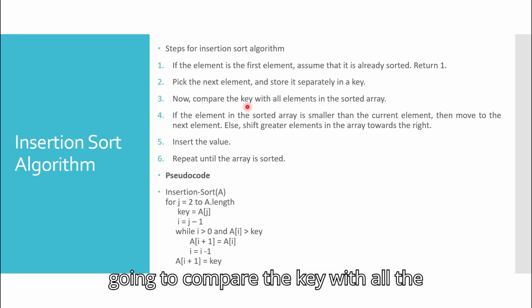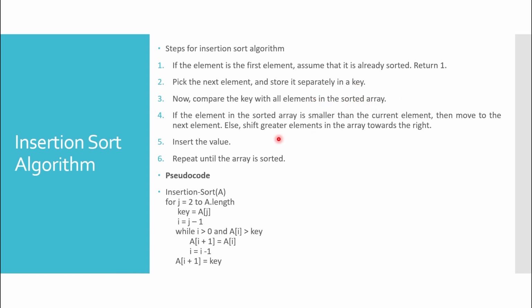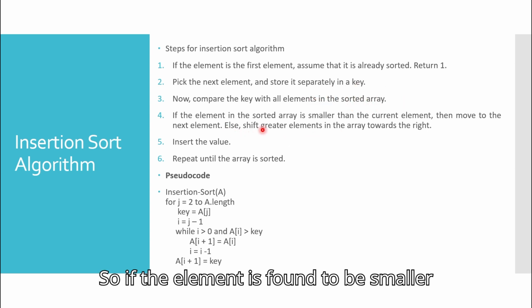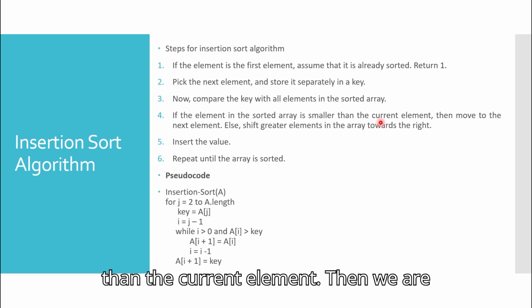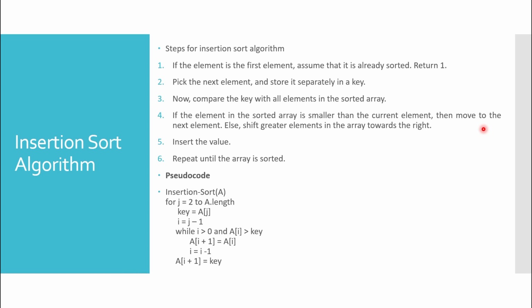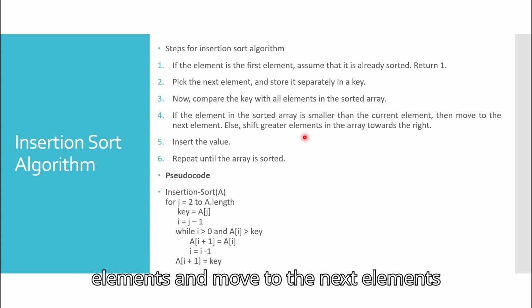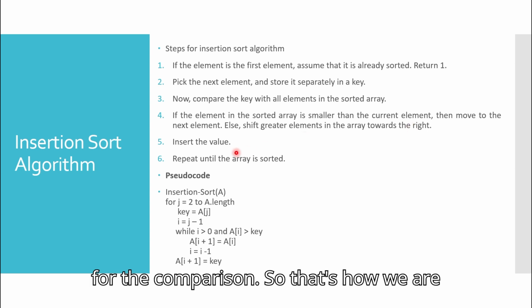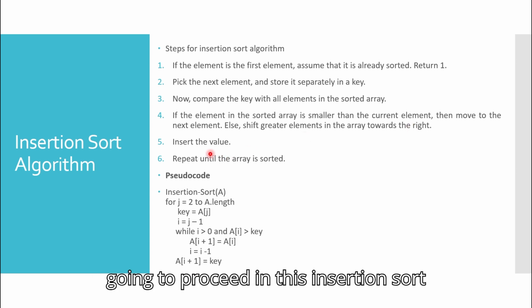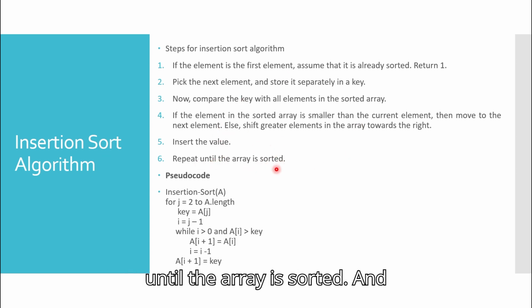We compare the key with all the elements in the sorted array. If the element is smaller than the current element, we move to the next element. Otherwise we swap the elements and move on for the comparison. We repeat this until the array is sorted.